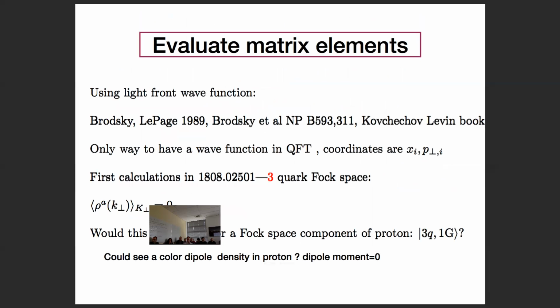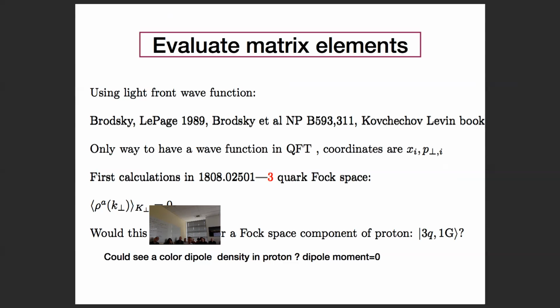So we evaluate matrix elements. We use a light front wave function. And the general formulation is given in a book chapter by Brodsky and Lepage, and then a formal paper, Brodsky, Wang, and Schmidt, I think. And then there's a nice expression in Yuri's book with Levin.